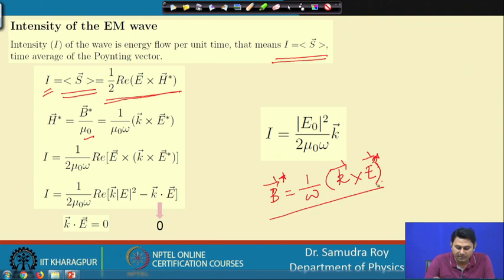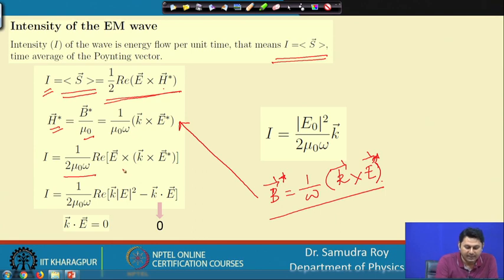So, this is used here, and then we use this value of H here. So, I becomes 1 divided by 2 mu 0 omega, and E cross H star is replaced by this quantity, E cross k cross E star.